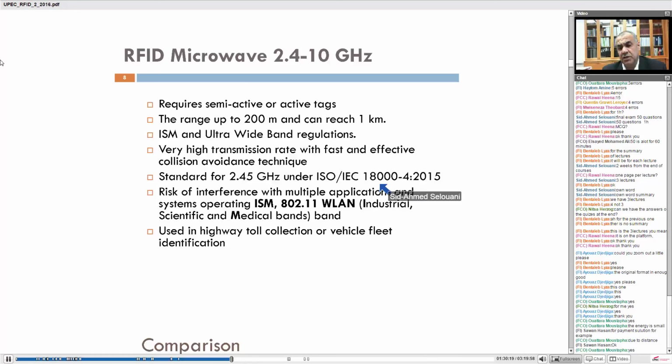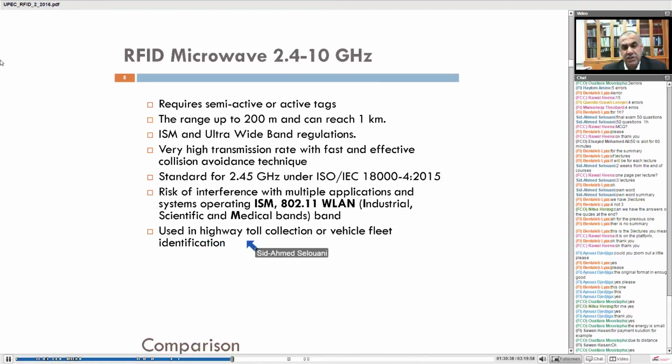The standard is built for 2.45 gigahertz under ISO 18000-4. It's very important. Remember, the other ISO was 18000-3.